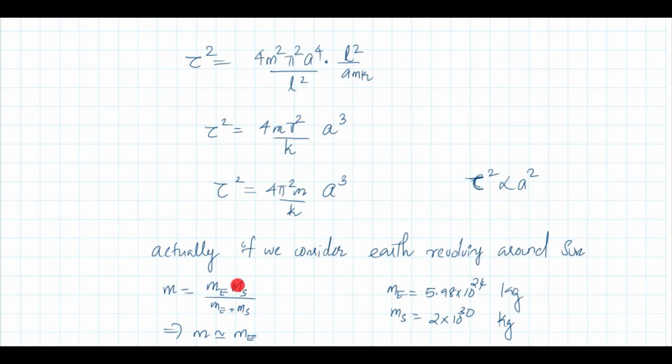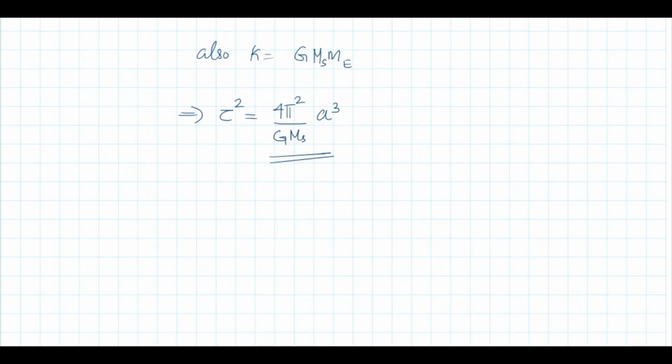When you substitute back here, you can see that this reduced mass is approximately equal to the mass of Earth. So no issue if you substitute the mass of Earth itself. It will not make much difference, because reduced mass is almost equal to the mass of Earth. That is why in most cases there is no need to consider the reduced mass. The error will be very small.